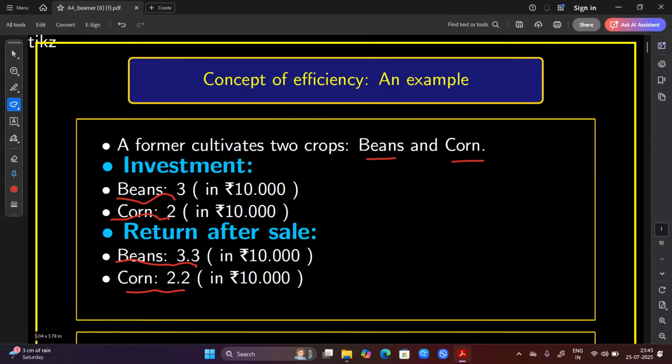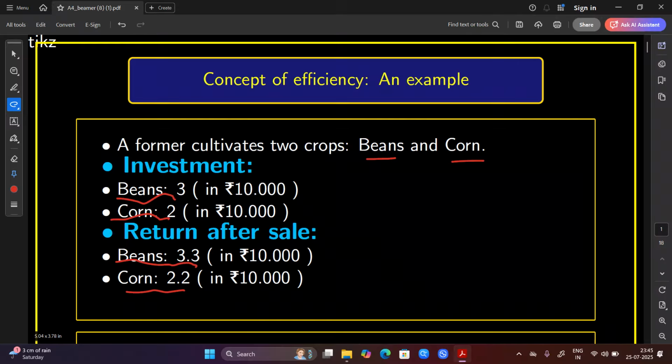Just see, the investment is not the same. If the investment were the same, by seeing only we could easily compare which one is efficient and which one is inefficient.